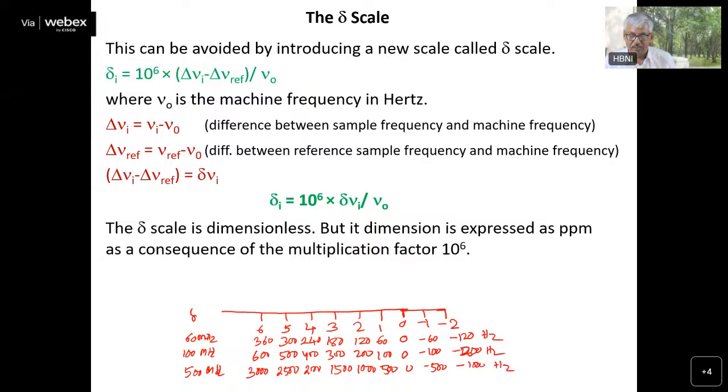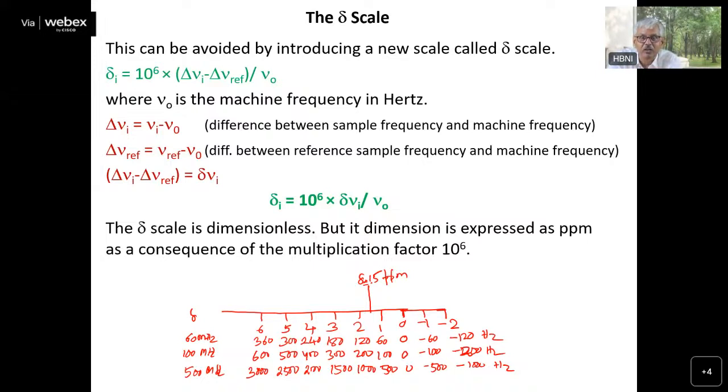Now you see that any signal coming in a machine with 60 megahertz, let us say one signal was coming at 1.5 ppm, delta equal to 1.5 ppm, it will remain at 1.5 ppm for all machines because we have taken care of it by this formula.